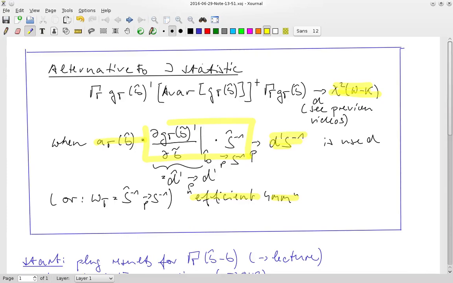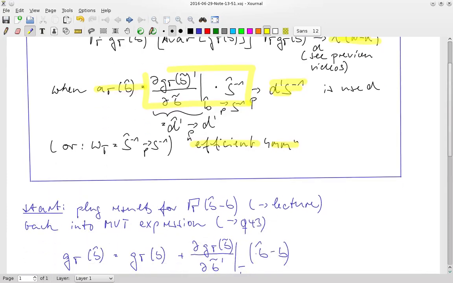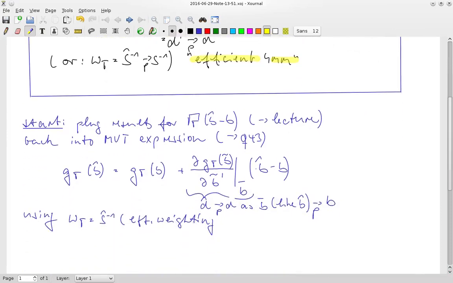Okay. Now, to see this alternative form, what we need to do is essentially perform a task that was asked in a question for review. So in the lecture, remember, we derived the limit distribution of the sampling error blown up by square root of T, and we exploited the mean value theorem for that purpose.